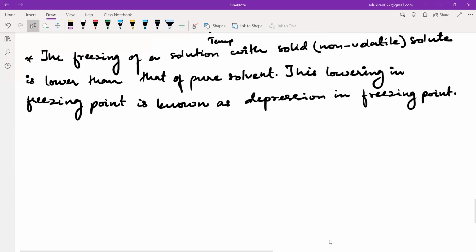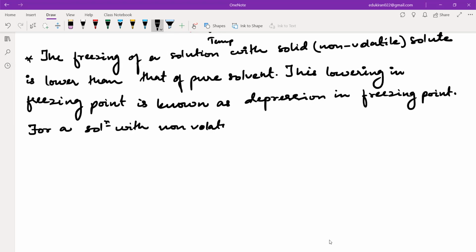Next is, as we all know, for a solution with non-volatile solute, the depression in freezing point will be directly proportional to the concentration of solute.